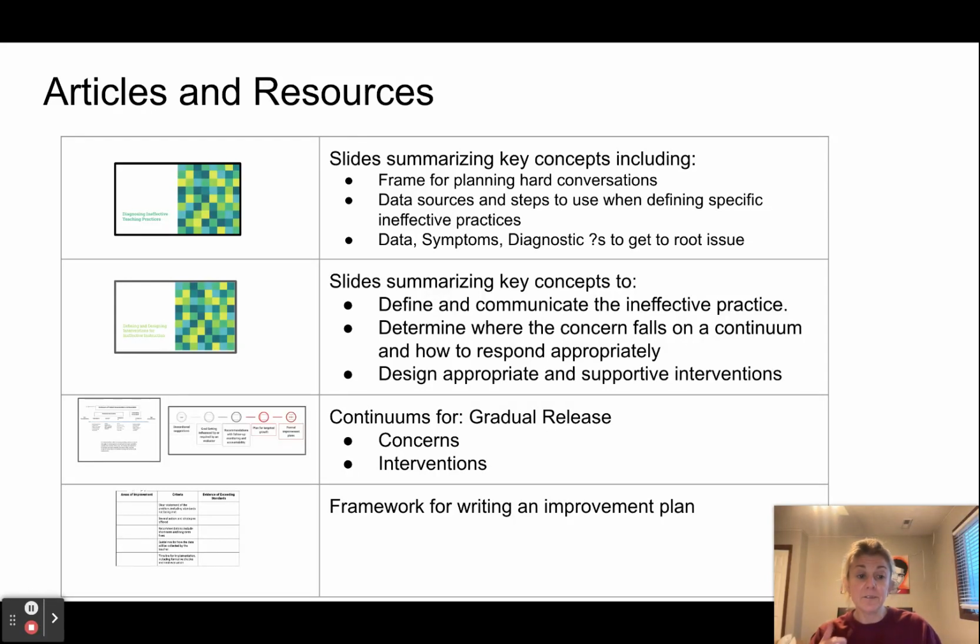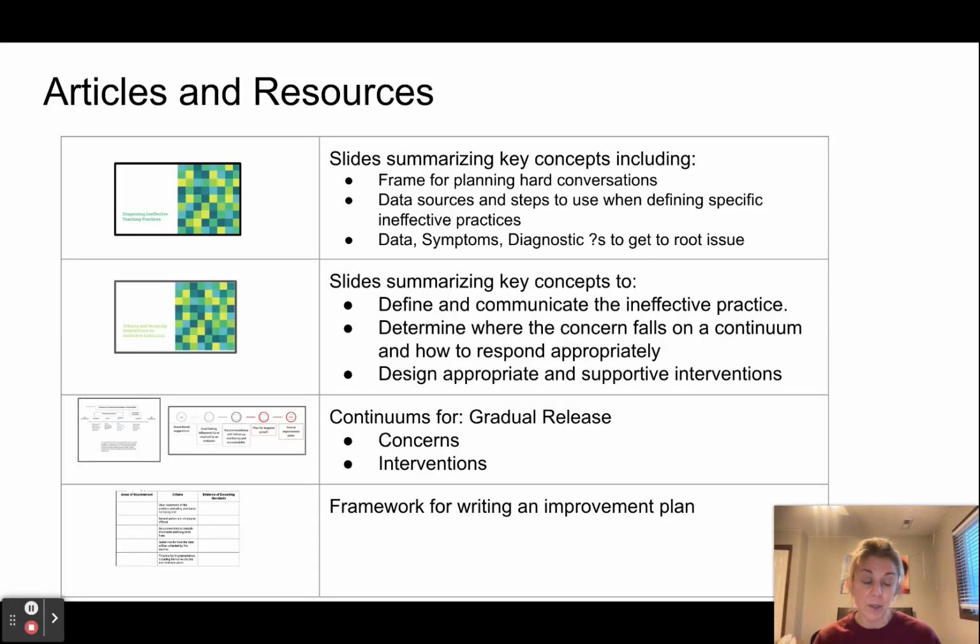So it's first being clear on your data that you're collecting, which we've already done the last 3 weeks. The second is to identify symptoms of ineffective practice. So things that you would see inside and outside the classroom that would be red flags to you. The third then are these diagnostic questions that you ask yourself to really get to the root issue.